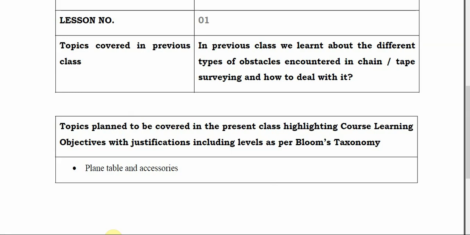Now, plane table. In this method of surveying, a tabletop similar to a drawing board is fitted on a tripod. An example of a tripod is the one usually used for photo cameras.